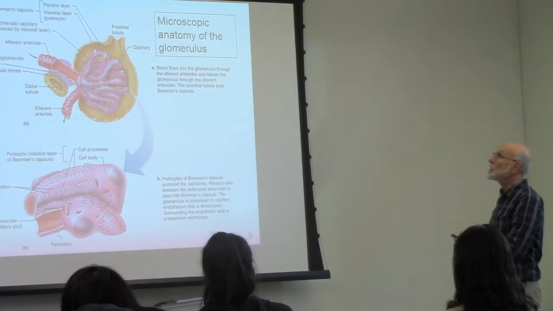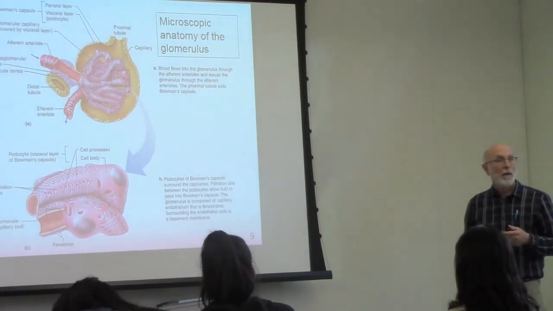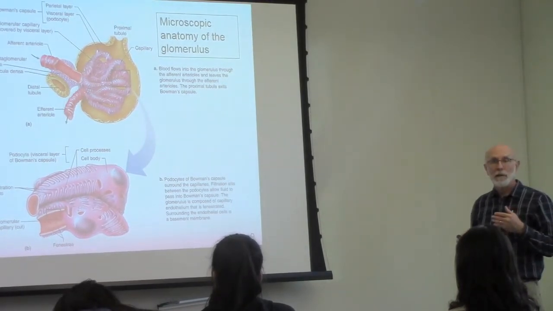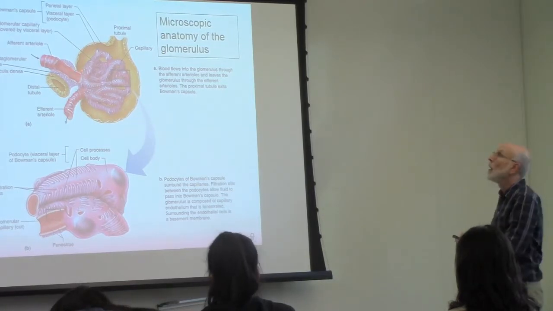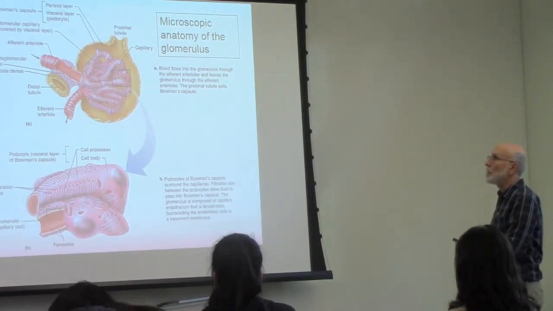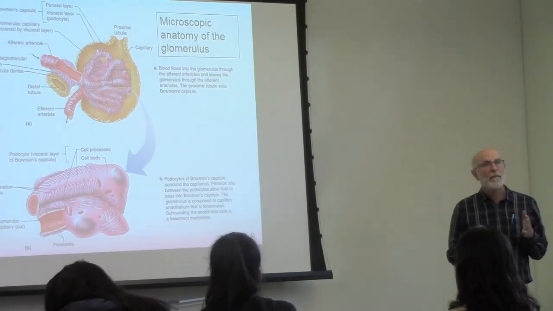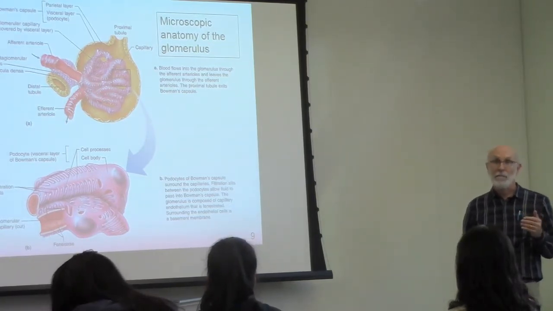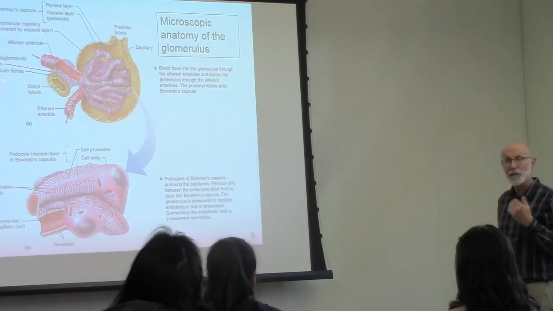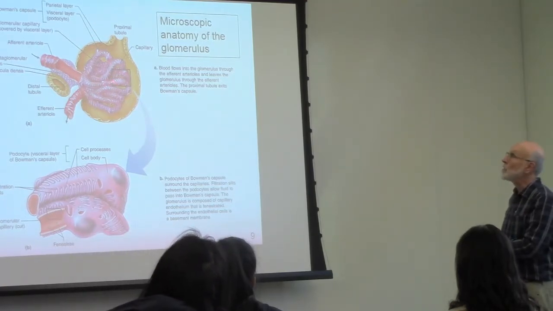The cells that surround the glomerular capillaries. So remember, capillaries have endothelial cells, but the cells of the glomerulus have a specialization. The cells that surround them are called podocytes.